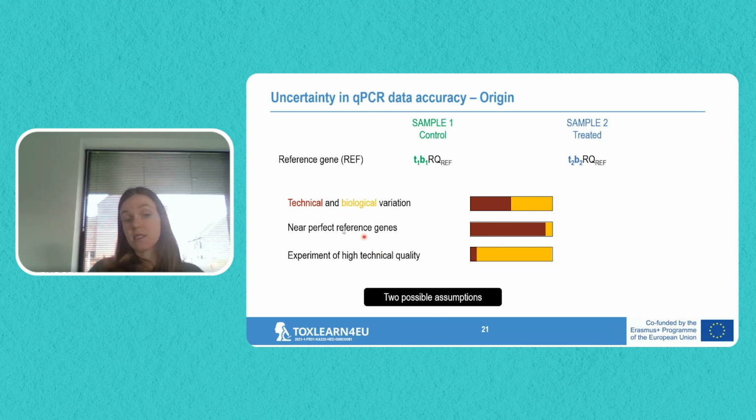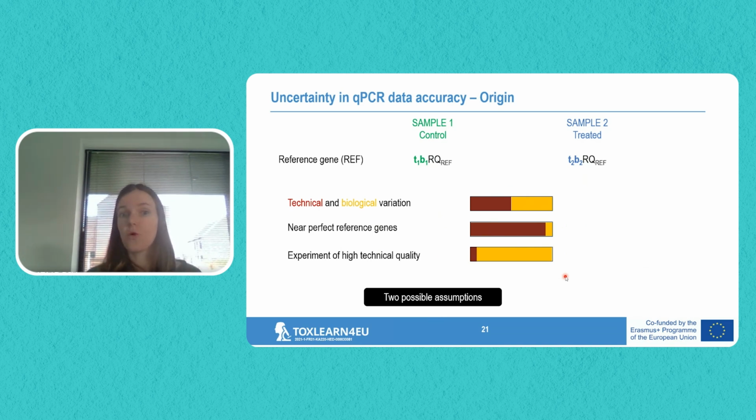So in this case here, where the reference genes are nearly perfect, that normalization is actually a good thing, because you correct for technical variation, which is ultimately the goal of normalizing the data. On the other hand, when your experiment is of very high technical quality, then normalization is actually not necessary, because then you're only correcting for biological variation in the expression of the reference gene.